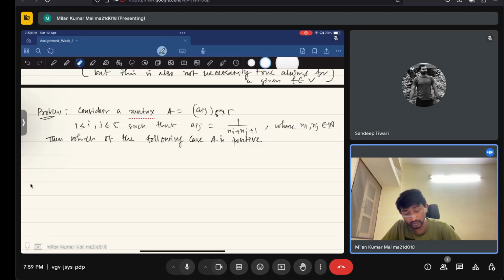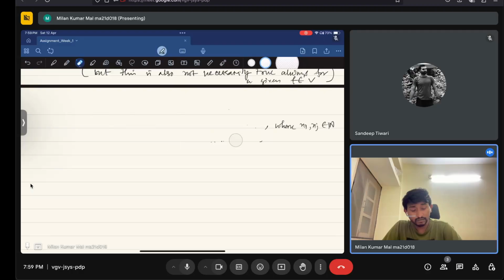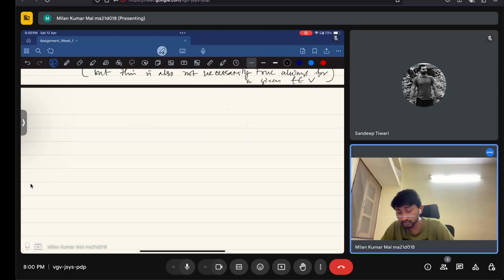So I will do this one because that needs a little time. You can write x transpose Ax greater than 0, that's all. Positive definite is not discussed, I think. So okay, then next one.